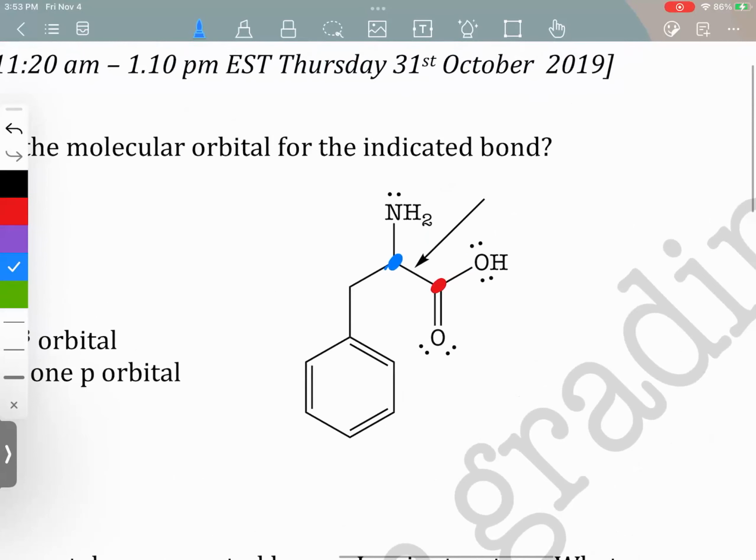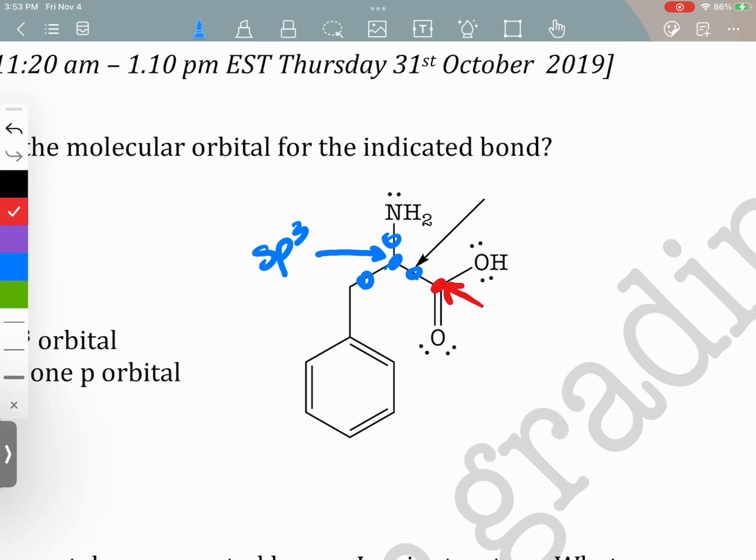What is the hybridization of this blue carbon? sp3. Right. There are 4 electron environments around it: 1, 2, 3, and including the hydrogen that's not being shown. So sp3 hybridized. What about the red carbon? sp2. Right.